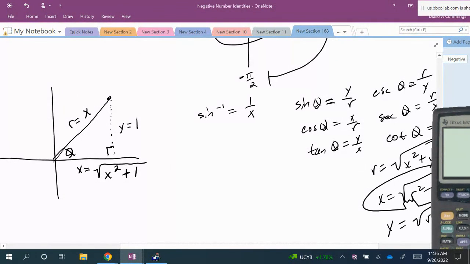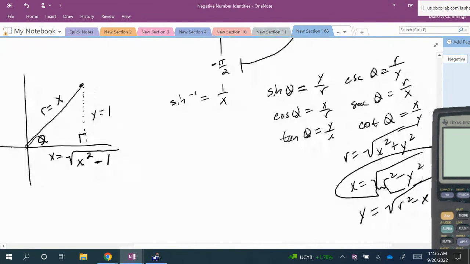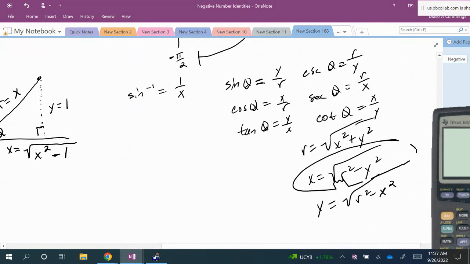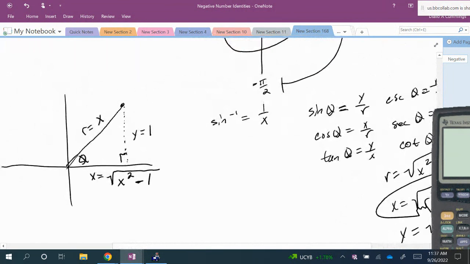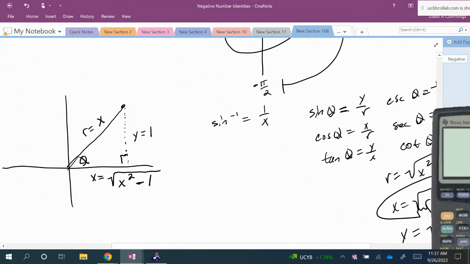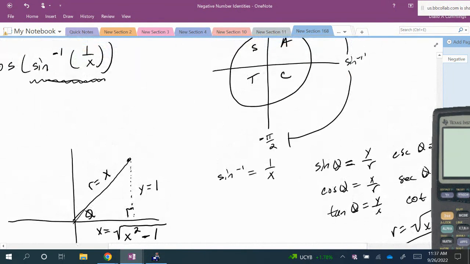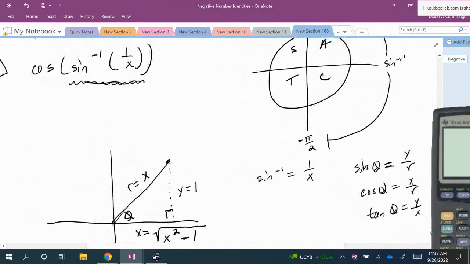So we have the square root of x squared minus 1. Because in that form it's r squared minus y squared. So we've constructed a triangle based on the arc sine of 1 over x.